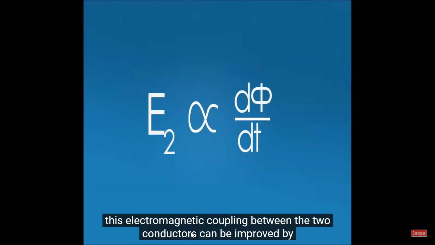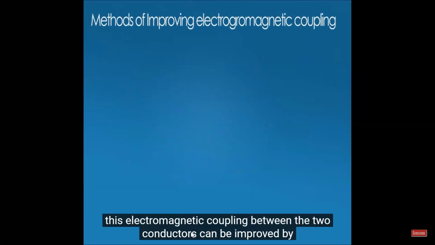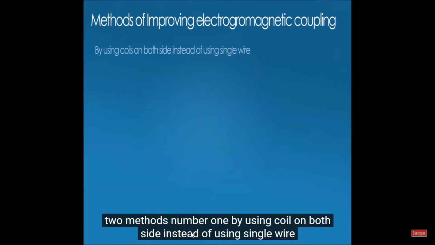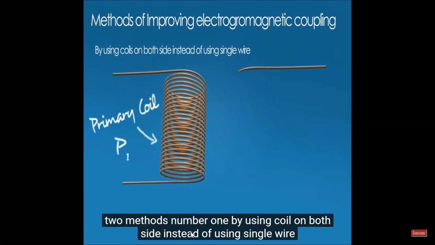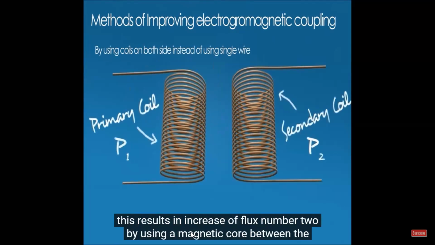This electromagnetic coupling between the two conductors can be improved by two methods. Number 1. By using a coil on both sides instead of a single wire, which results in an increase of flux. Number 2.